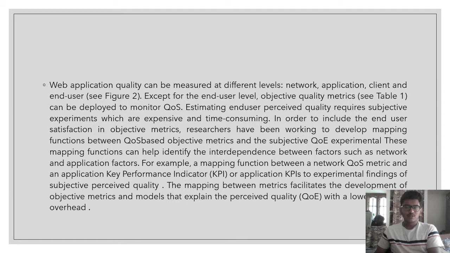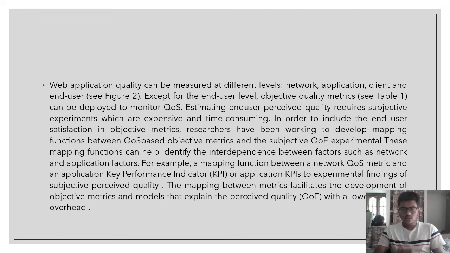So web application quality can be measured at different levels: network, application, client, and end user. Except for the end user level, objective quality metrics can be deployed to monitor QoS. Estimating end user perceived quality requires subjective experiments, which are expensive and time consuming.